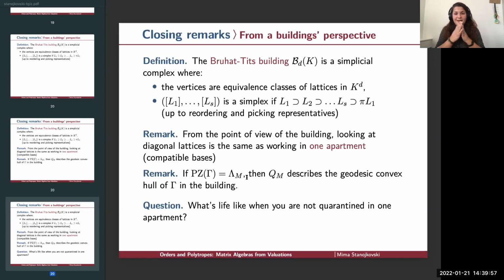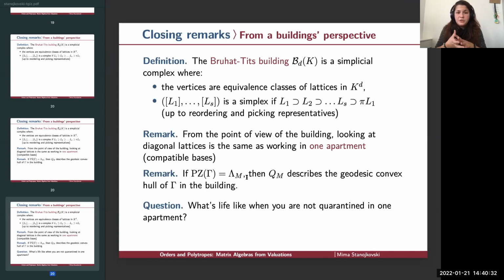So we want to leave the apartment and we want to be able to say what happens for bigger rings. And we have done quite some work in that direction. We considered particular new sort of convex objects in the buildings, for which we understand this connection between QM and lambda M. Sort of we lift it and we look at balls and at Minkowski sums of balls together with polytropes.